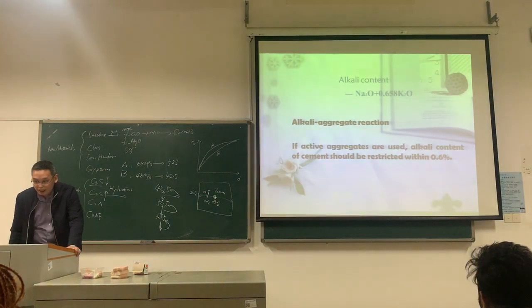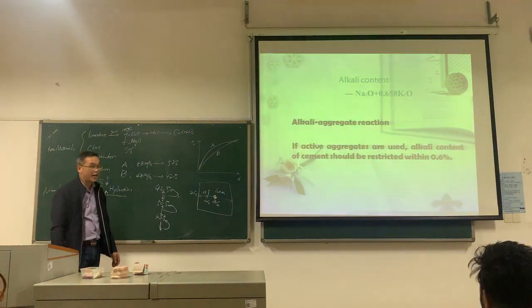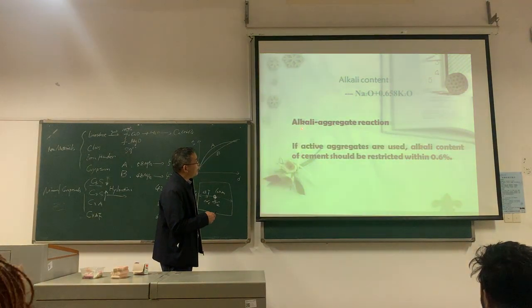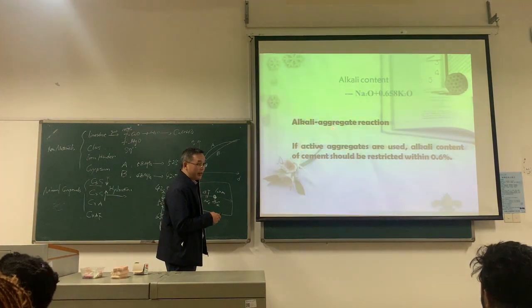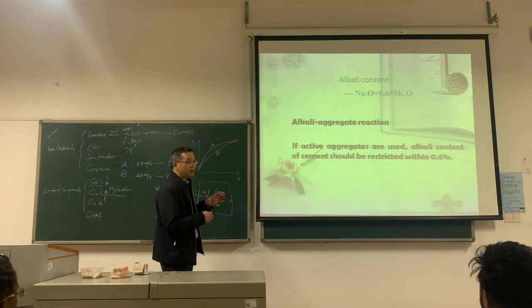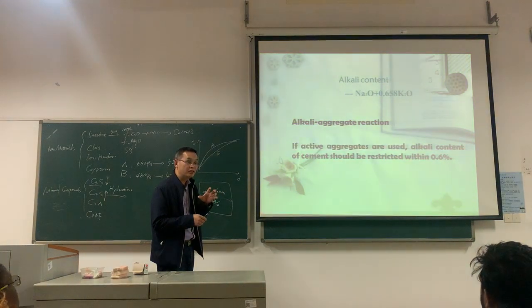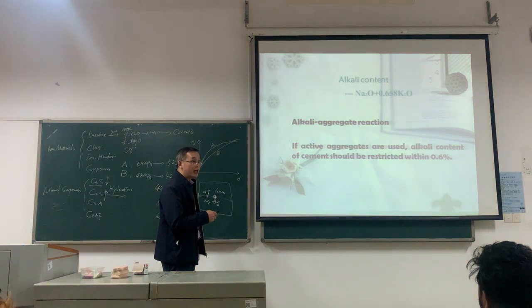And for the alkali content, it is basically for the alkali aggregate reaction. In chapter 3, we mentioned that there are some active substances in the aggregate, and the same in the cement.